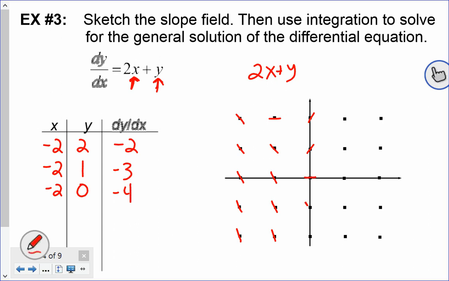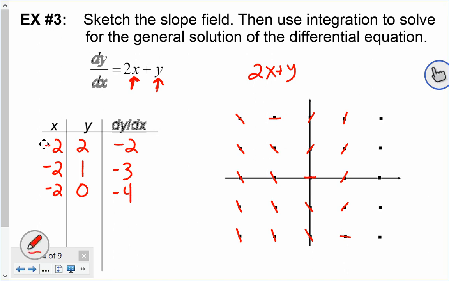And then you would just keep continuing like that. So 1, 2 is going to give me 2 plus 2 is 4. And then 1, 1 will give me 2 plus 1, which is 3. 1, 0 will give me 2. Then I'm going to get 1. Then if I'm at 1, negative 2, I'm going to get 0. And then I could continue at the end. I'm actually going to stop there.